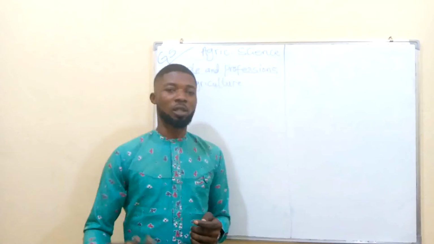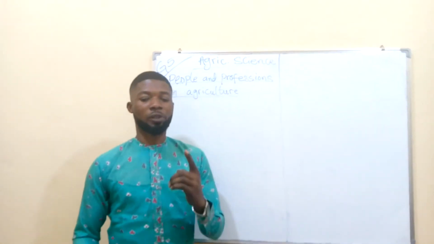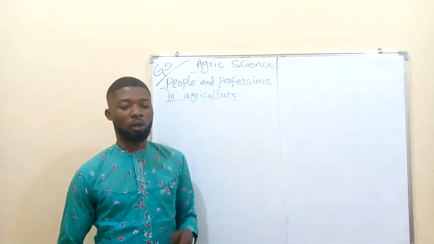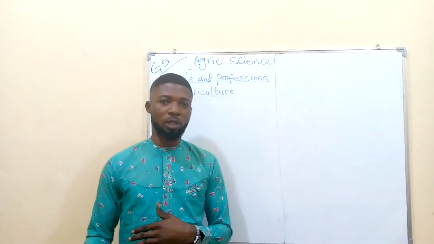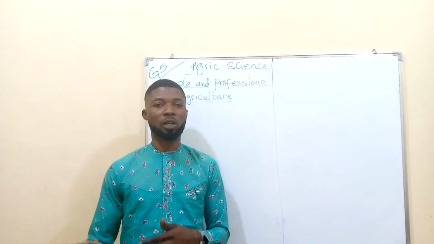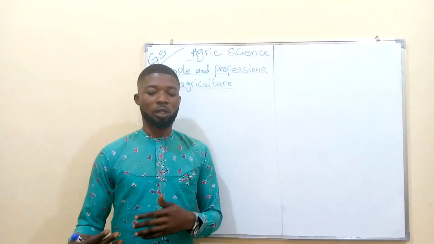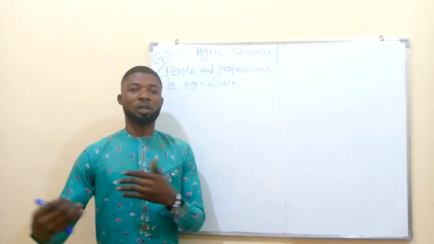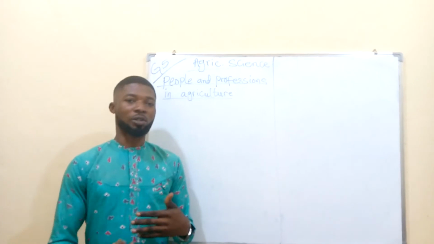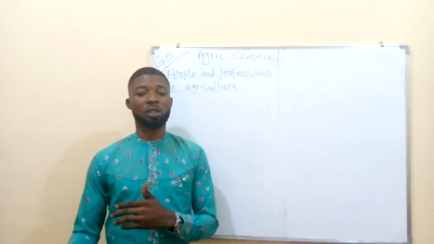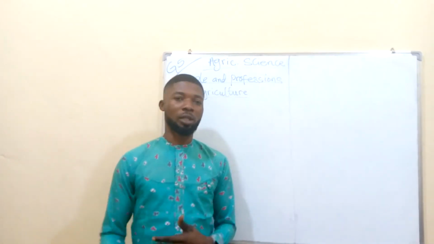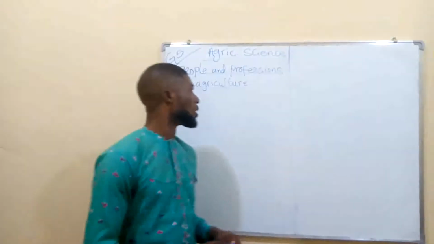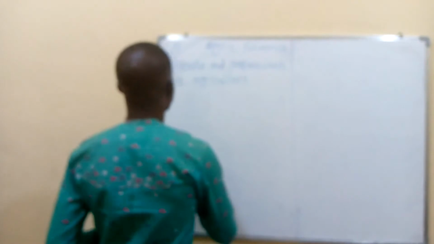Then number five, we have fishermen as a profession in agriculture. Then number six, we have the market people who are also part of the professions in agriculture. Then number seven, we have gardeners, the gardener.